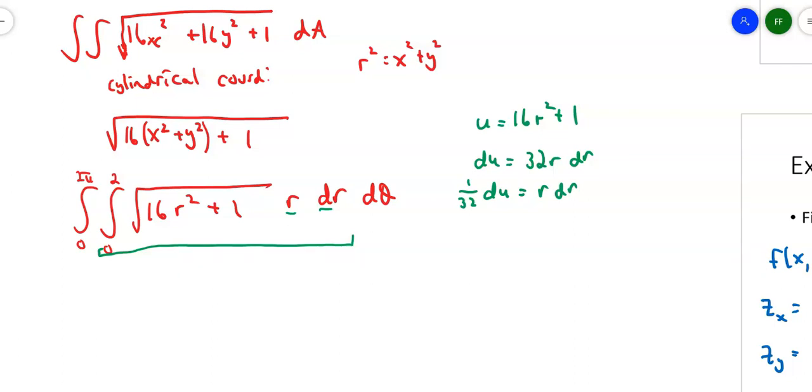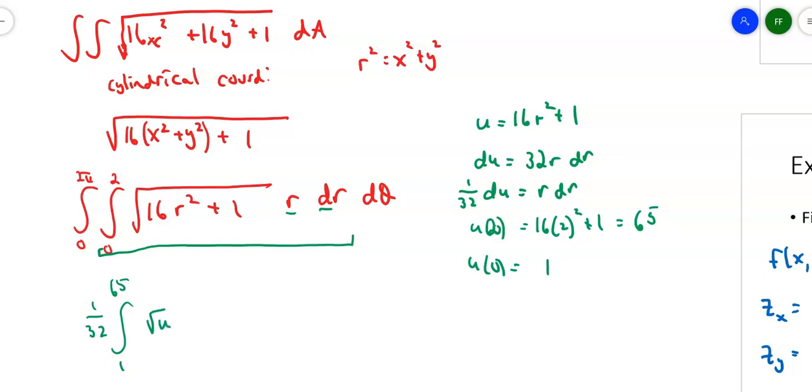The other thing that's going to be funny is I need new limits of integration. So u evaluated at 2 is going to give me 16 times 2 squared plus 1. 4 times 16 is 64 plus 1 is 65. That was the upper limit of integration. And then u of 0 is just going to be 1. So now this gives me the integral from 1 to 65 of 1/32 square root of u du.